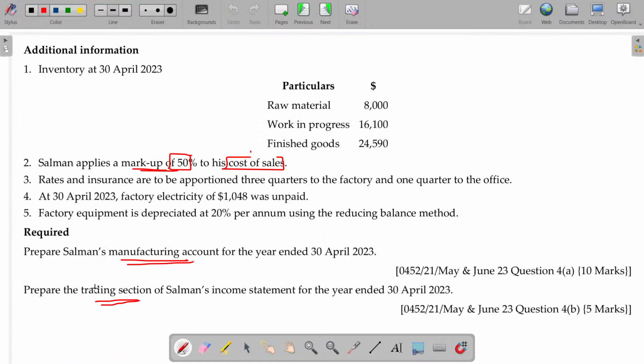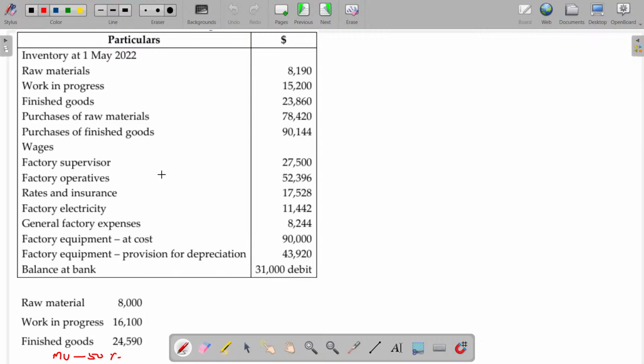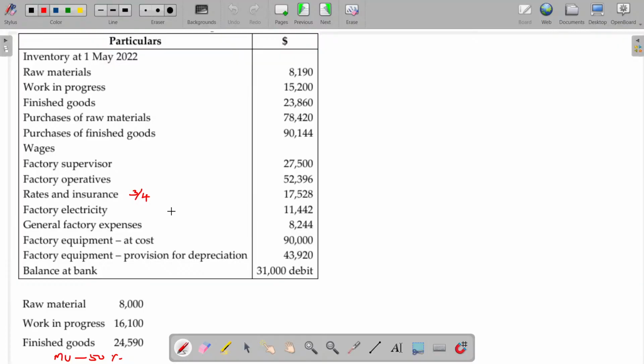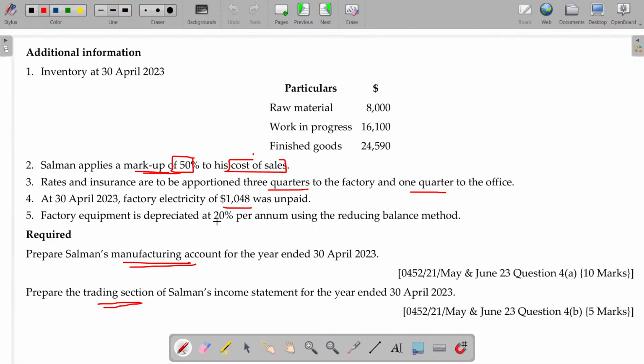Rates and insurance are to be apportioned 3/4 to the factory, 1/4 to the office. 3/4 to factory. And factory electricity 1048 was unpaid. Electricity 1048 should be addable. And factory equipment is depreciated at 20% per annum using the reducing balance method.